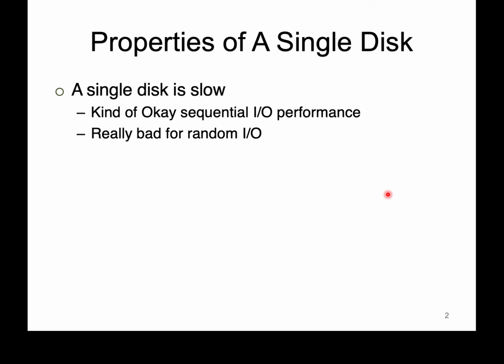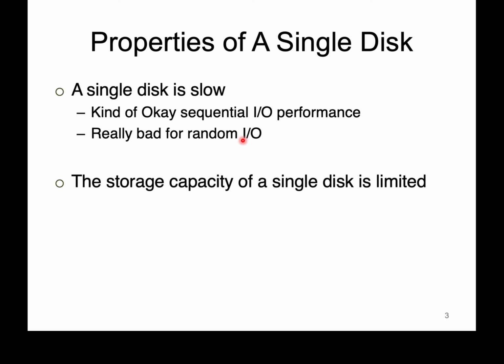But a mechanical spinning hard disk drive is extremely bad at random I/O, because many concurrent random small I/Os will keep the device busy just moving its disk arm back and forth to locate the small sector blocks spread across a huge range within the address space of the hard disk drive. So basically, the very first property is that a hard disk drive is quite slow.